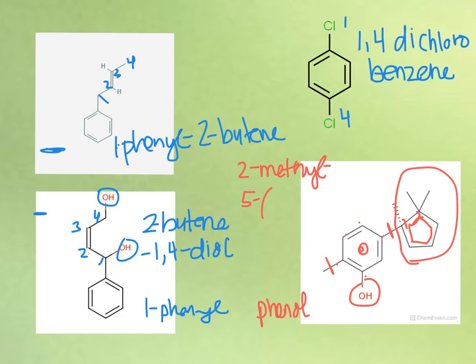We have 3 methyls, so I have 1,2,2-trimethyl, and then I have my cyclopentane. Told you I was going to run out of room. And that's a closed parenthesis. So that's 2-methyl, 5, 1,2,2-trimethyl cyclopentane phenol.